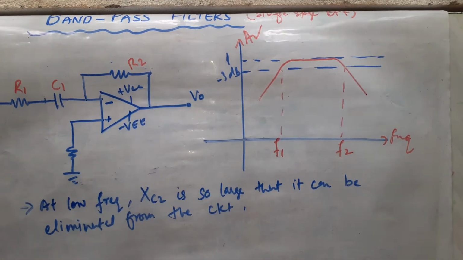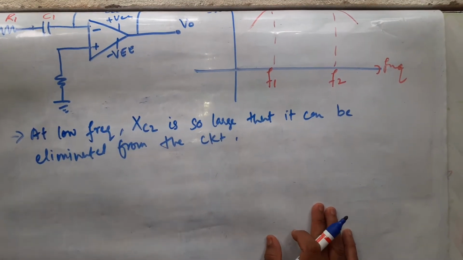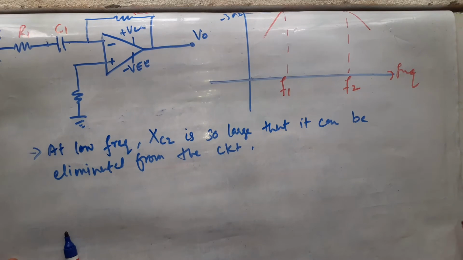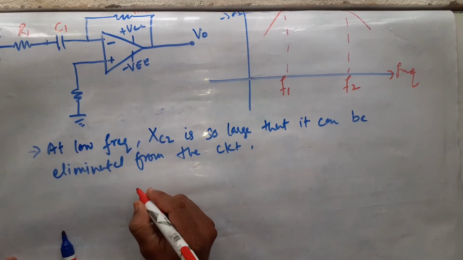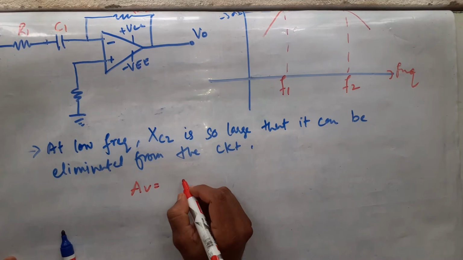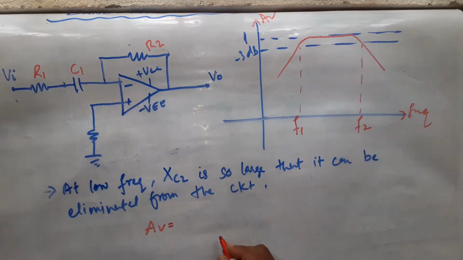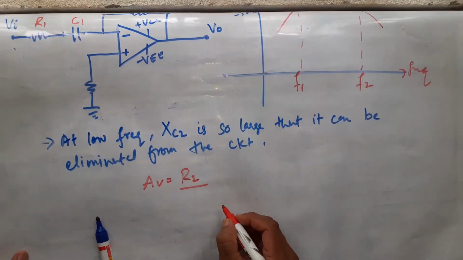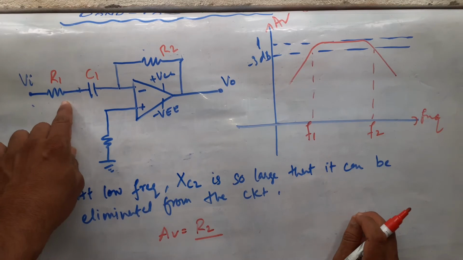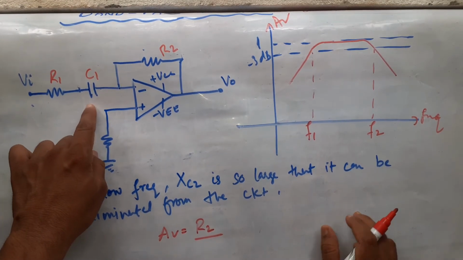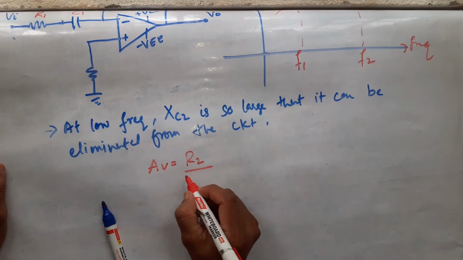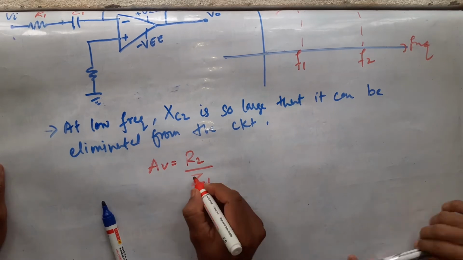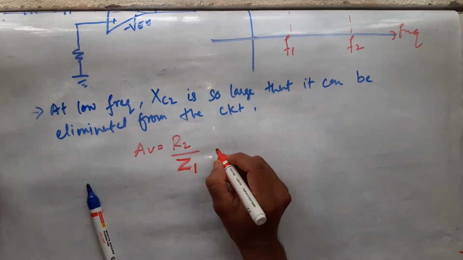So in this case, what will be the gain of the amplifier? AV equal to, our input is provided to the inverting terminal, right? So I can write feedback resistance R2 divided by input resistance. In the input, I am not having just R1, I am also having a capacitance here. So I should also consider my capacitance. Let me write the impedance Z1. What is Z1 here?